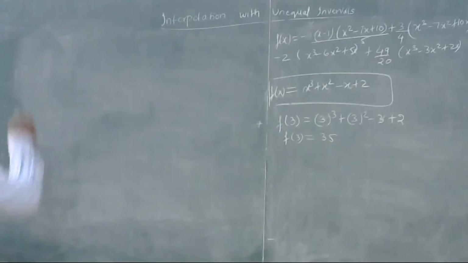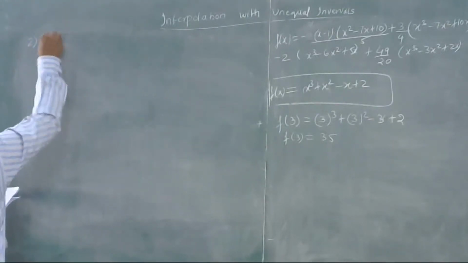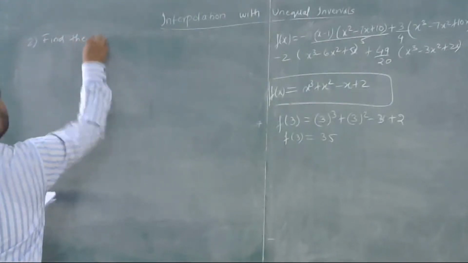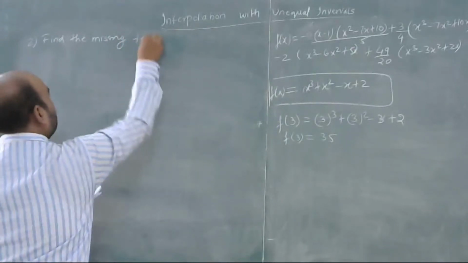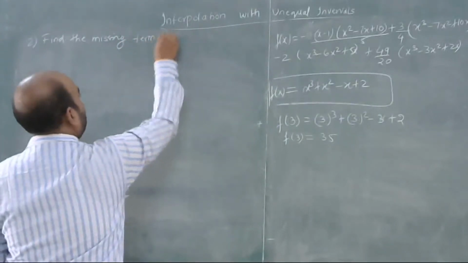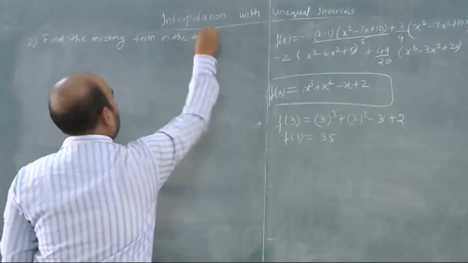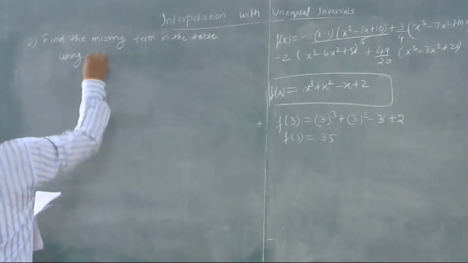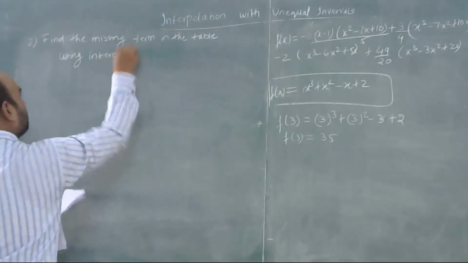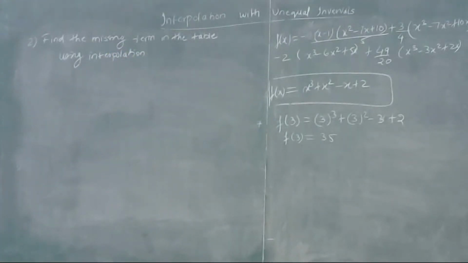So second question, find the missing term in the table using interpolation. So you have to find the missing term in the table, okay, by using interpolation.